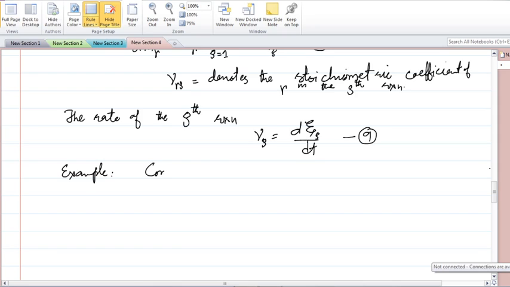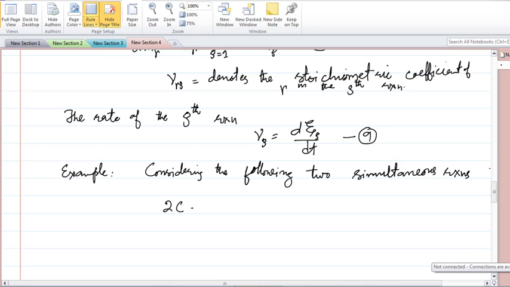Suppose considering the following two simultaneous reactions. Suppose in the first reaction, 2 times carbon is basically mixing with oxygen, forming 2 times carbon monoxide.